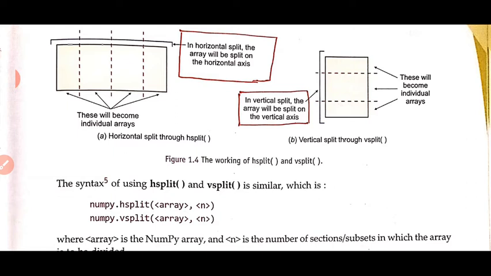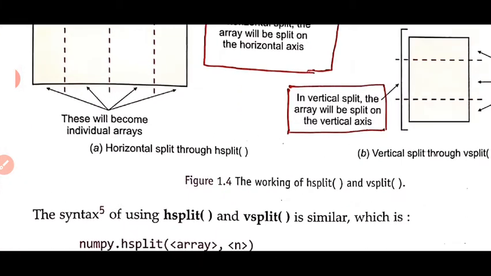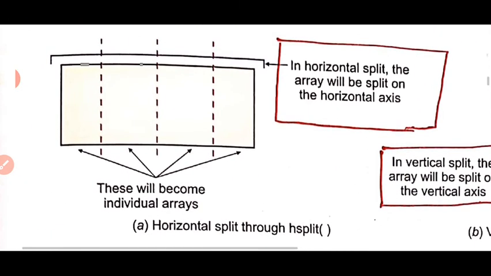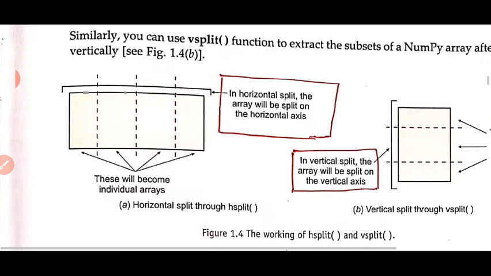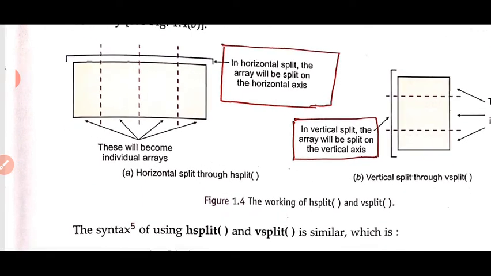On the vertical axis it is splitting, but the split line is going horizontally. In case of hsplit, on the horizontal axis it is splitting, then the split will be vertical. Okay, keep your concept clear.